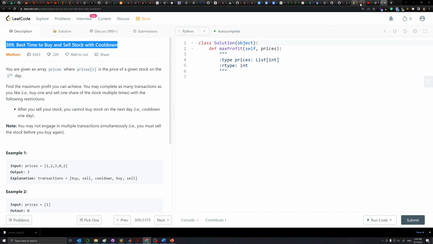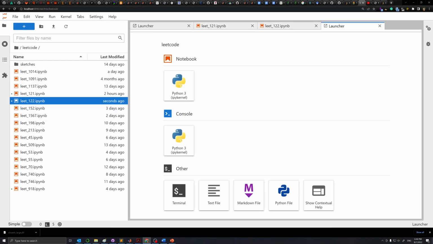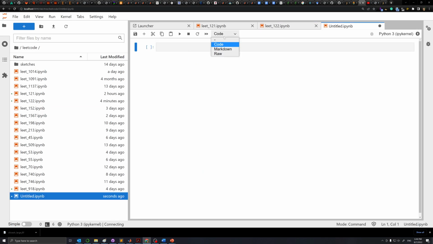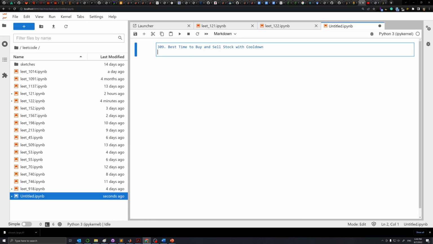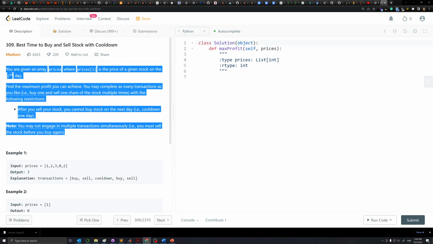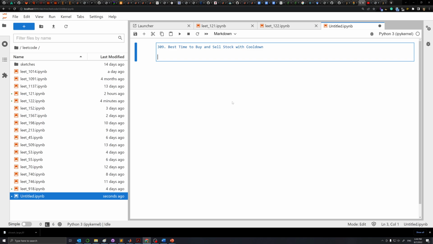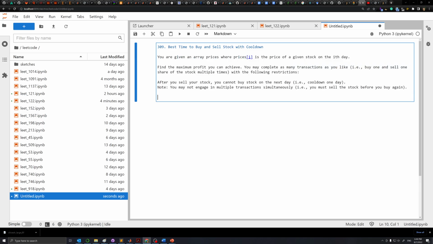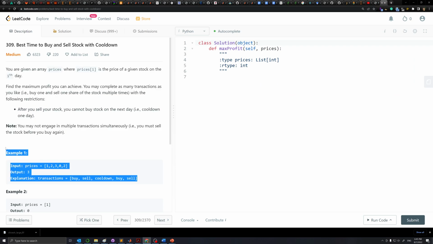Let's first move these descriptions into a new Python Jupyter notebook, and we're going to copy the description and the first example in there because the first example is always the best example. And here we go.